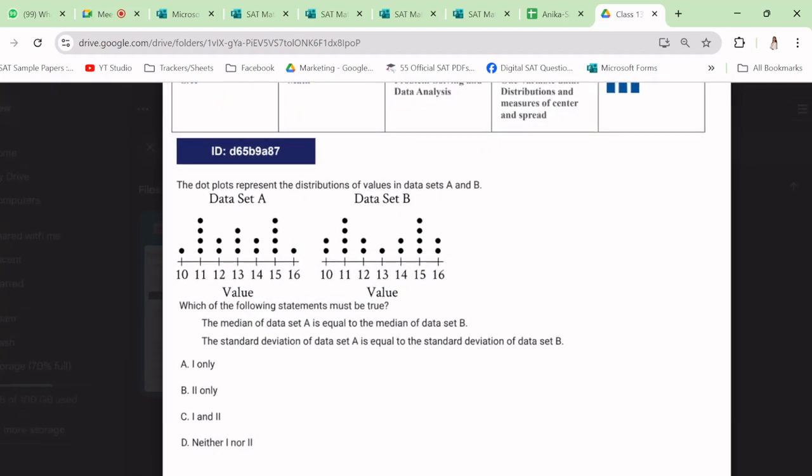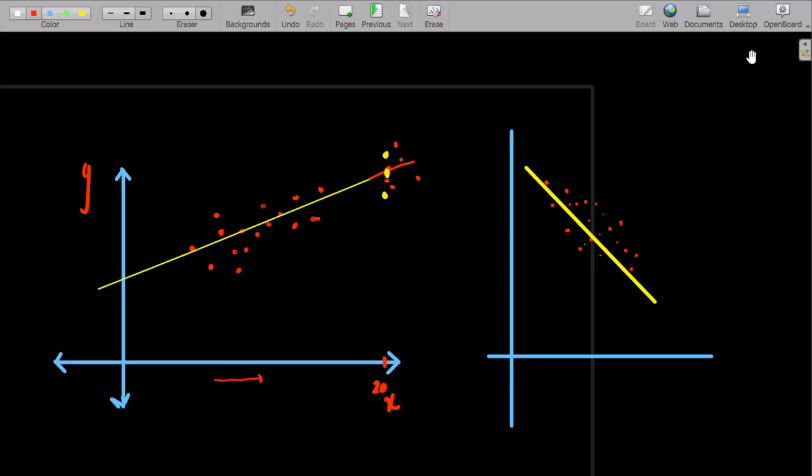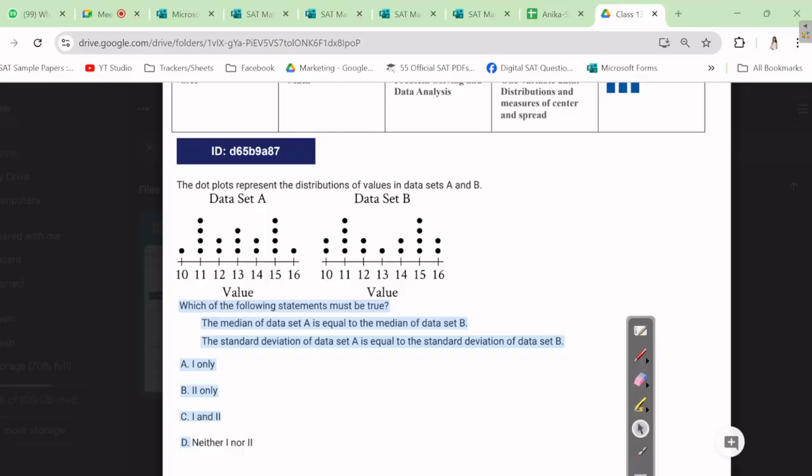This is based on symmetric data sets. It says that you have two data sets, data set A and data set B. Which of the following statements must be true? Median of data set A is equal to the median of data set B, and standard deviation of data set A is equal to the standard deviation of data set B.